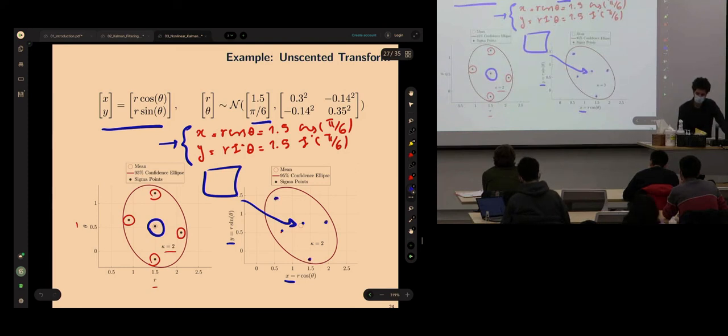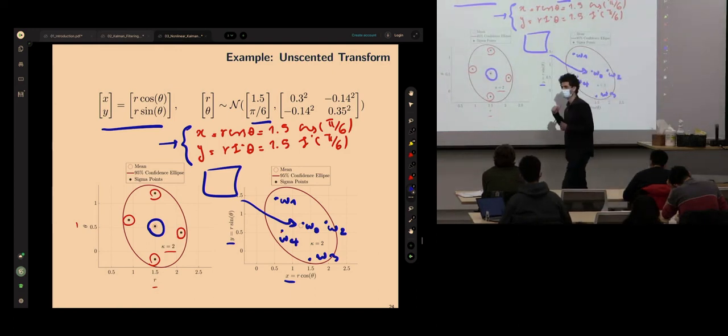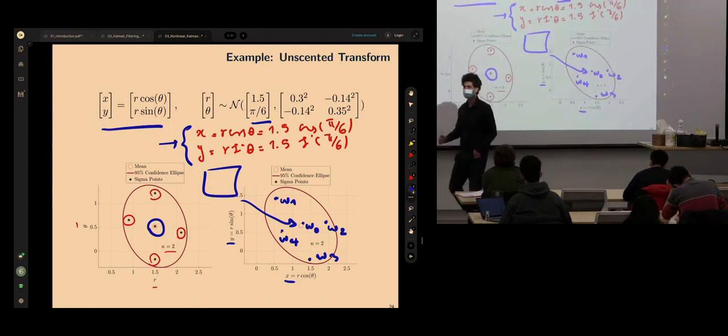And then take the weighted average of all these points with their corresponding weights, right? That will give you this red circle. Yeah, maybe this is a better way to visualize, writing the weights. I think this is a better way to show it.